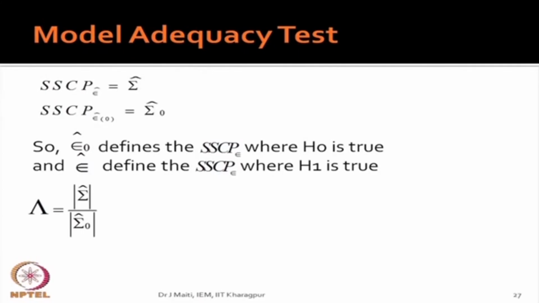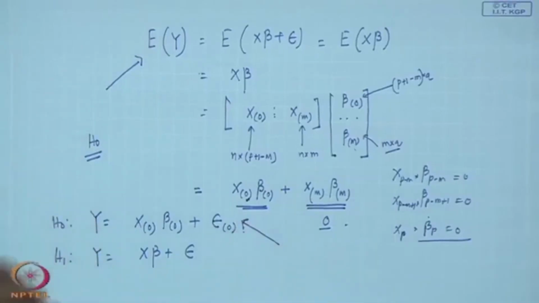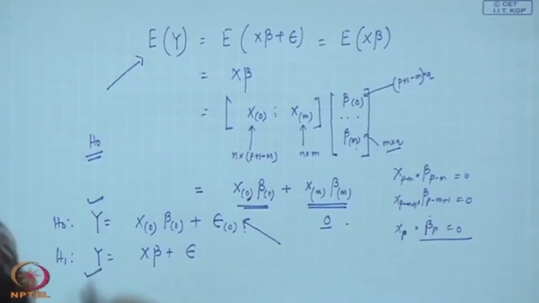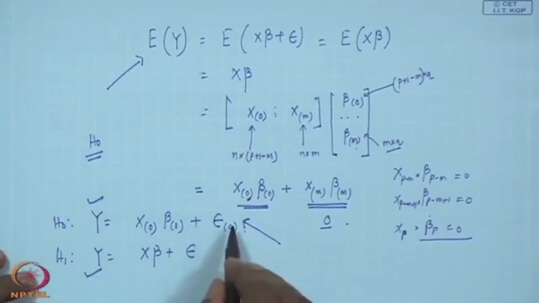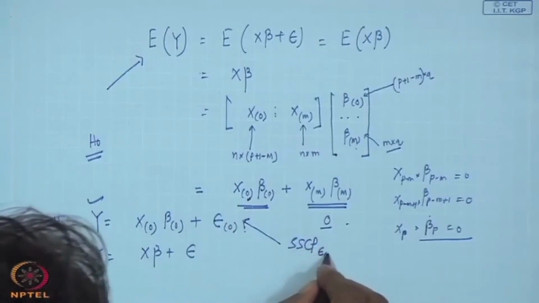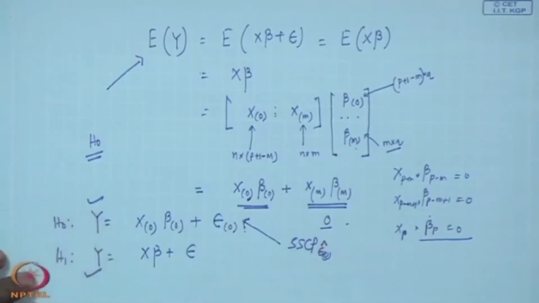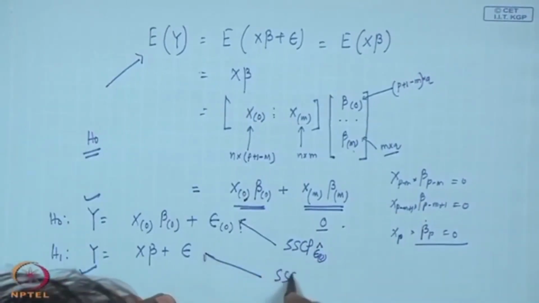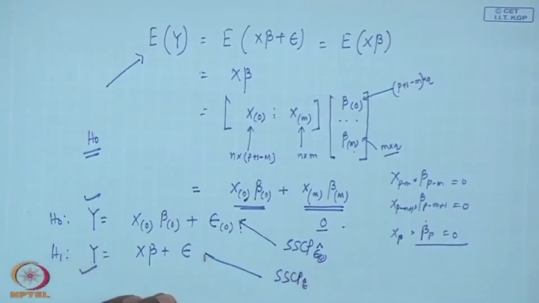So what will happen here: if I fit this model vis-a-vis this model, you will find SSCP epsilon 0 estimate here, and here also you will find SSCP epsilon cap, this estimate. Getting me?